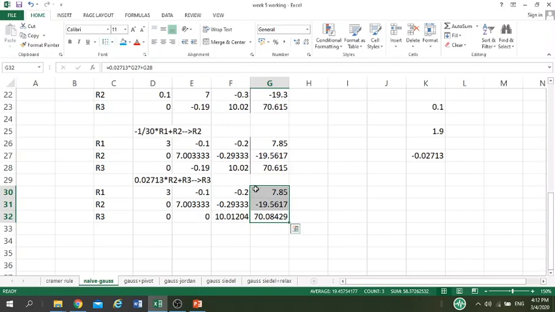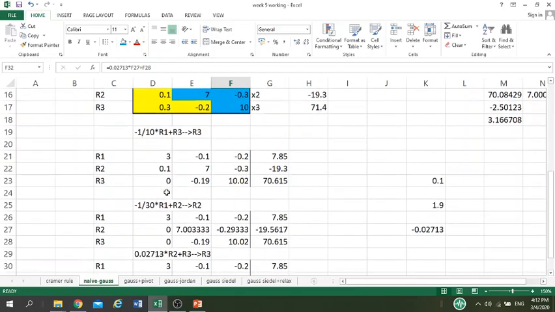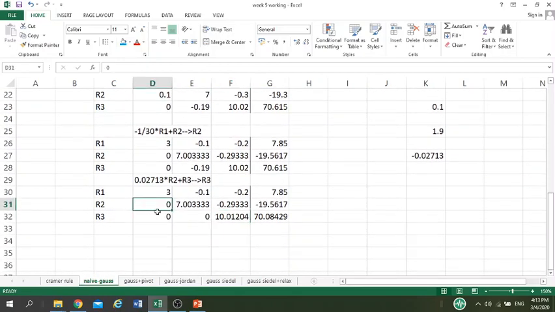So far we have turned every number below this diagonal line, which I already highlighted in yellow here, into 0. So we can start doing what we call back substitution.